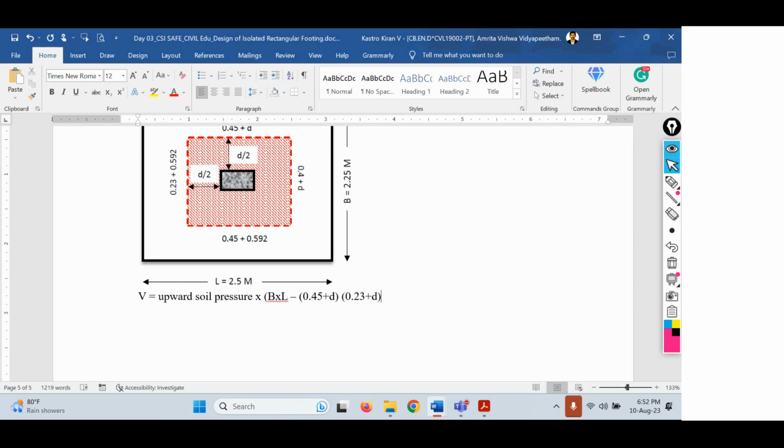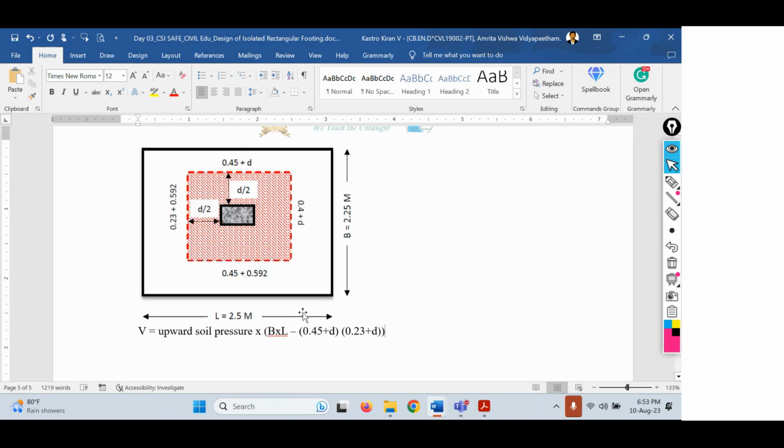So this is how we can calculate the two-way shear force. It is very important to have these two things as the major ones.